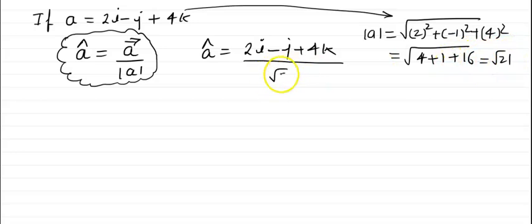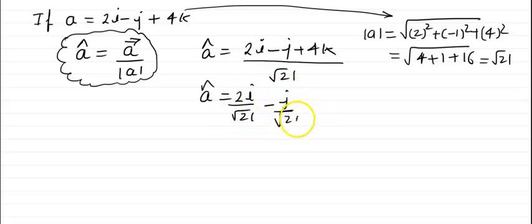So this should be divided by root 21. Also, you can write it like this: 2i over root 21 minus j over root 21 plus 4k over root 21. Either way, it is right.